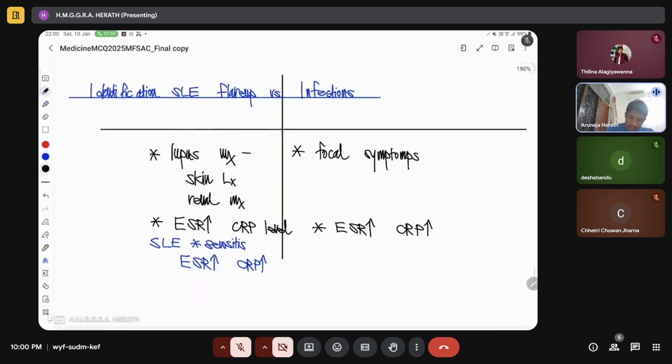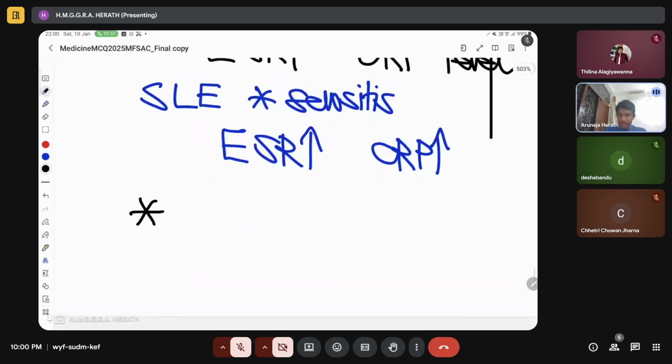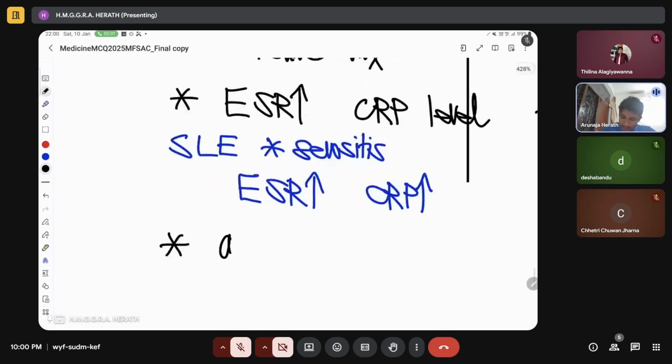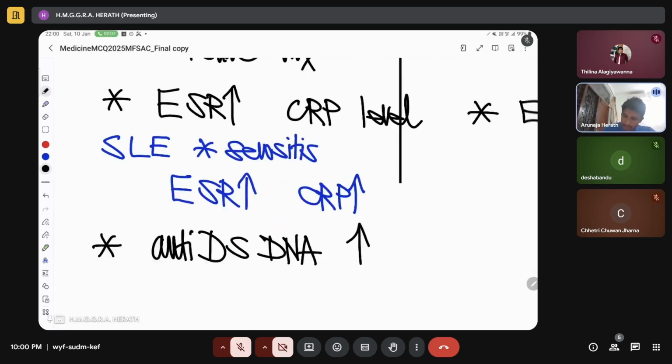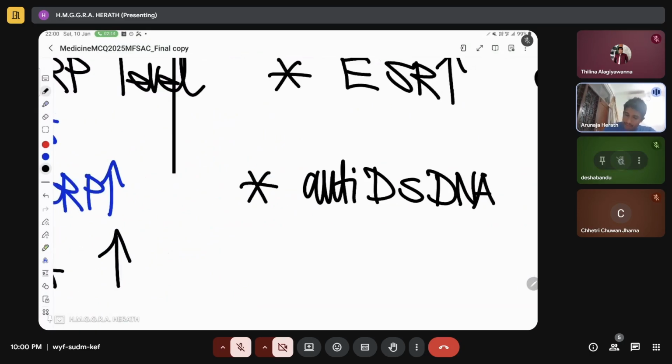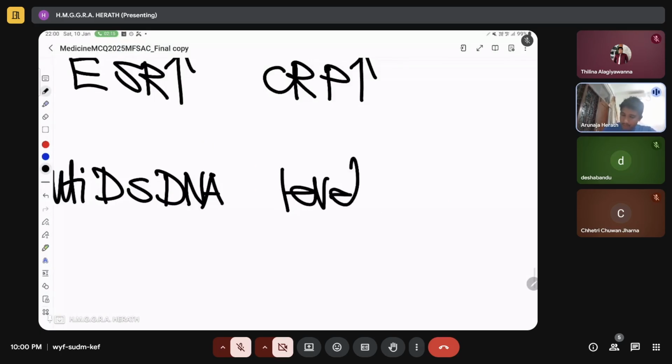The next useful feature for differentiation is the anti-double strand DNA titers, where the titer will increase in a flare-up and stay normal in a simple infection.